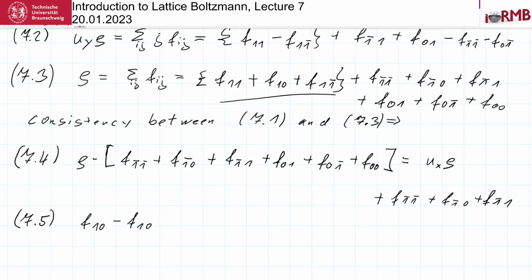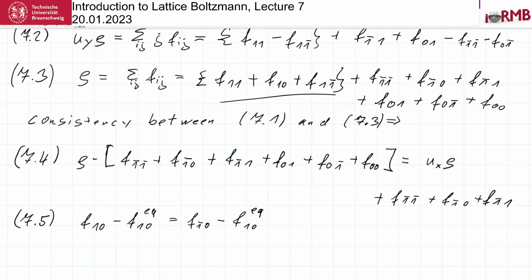Their assumption here was, which I believe they call non-equilibrium bounce back for whatever reason, to say that the non-equilibrium part of the particle going directly in x direction is the same as the non-equilibrium part of the one that is going the opposite way. Right, so this is the assumption.